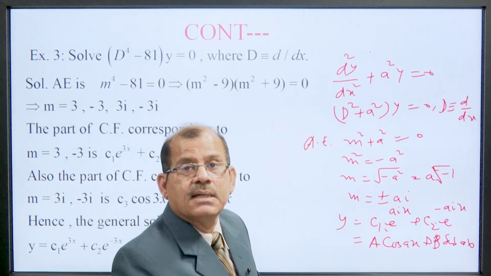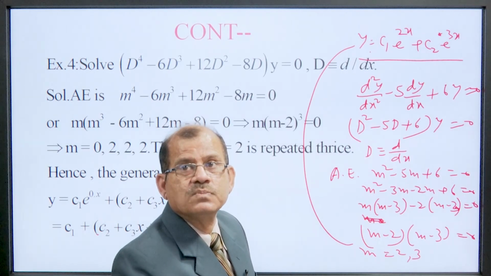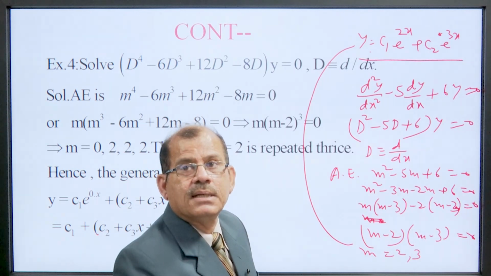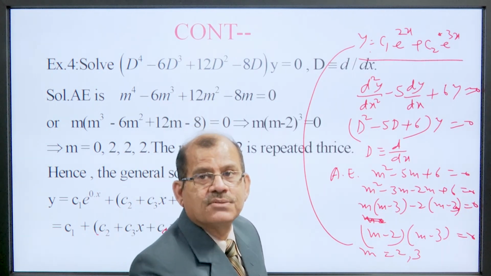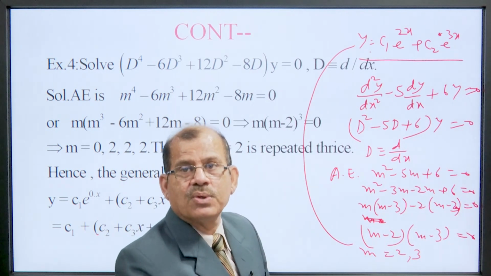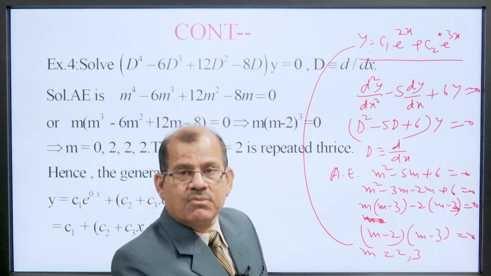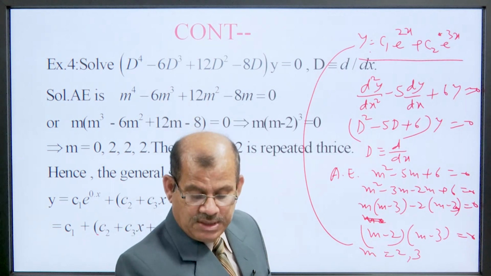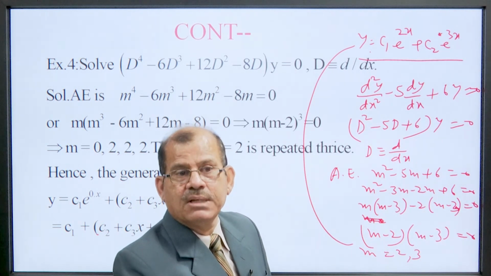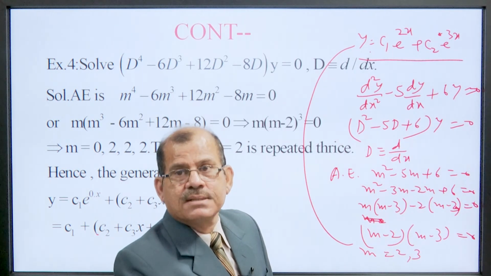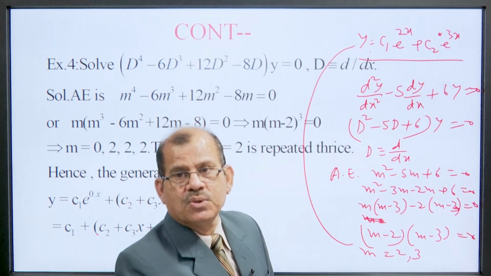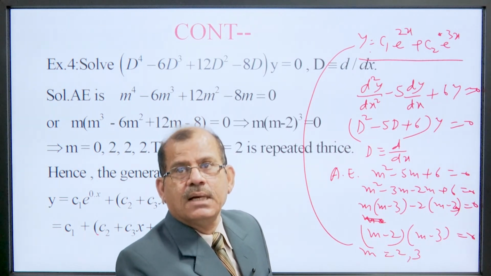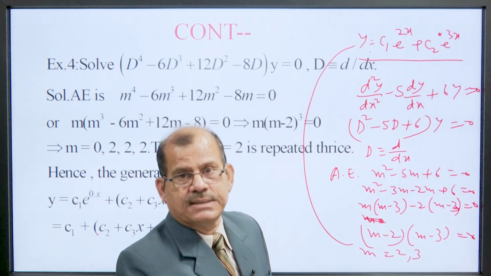We have already explained it. For d²y/dx² minus 5 dy/dx plus 6y equal to 0, we convert the given differential equation into operator form, then find the auxiliary equation and get the linear factors m1 equal to 2, m2 equal to 3, and the solution is C1 e raised to the power 2x plus C2 e raised to the power 3x.